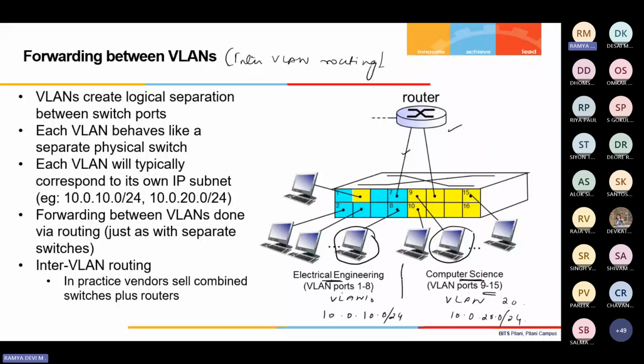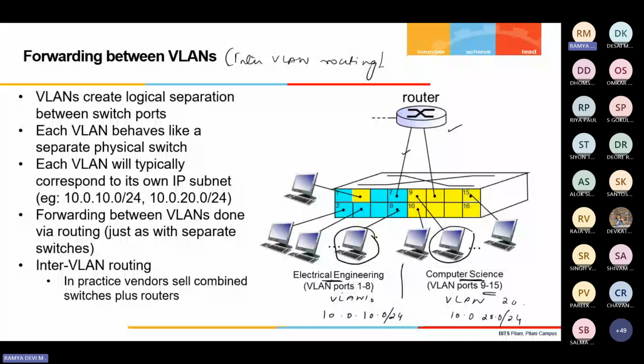Like two devices on separate physical switches in different subnets, they cannot talk with each other without a router. That's the reason two logically separated LANs can be connected with the help of a router. So this is where your inter-VLAN routing comes in.